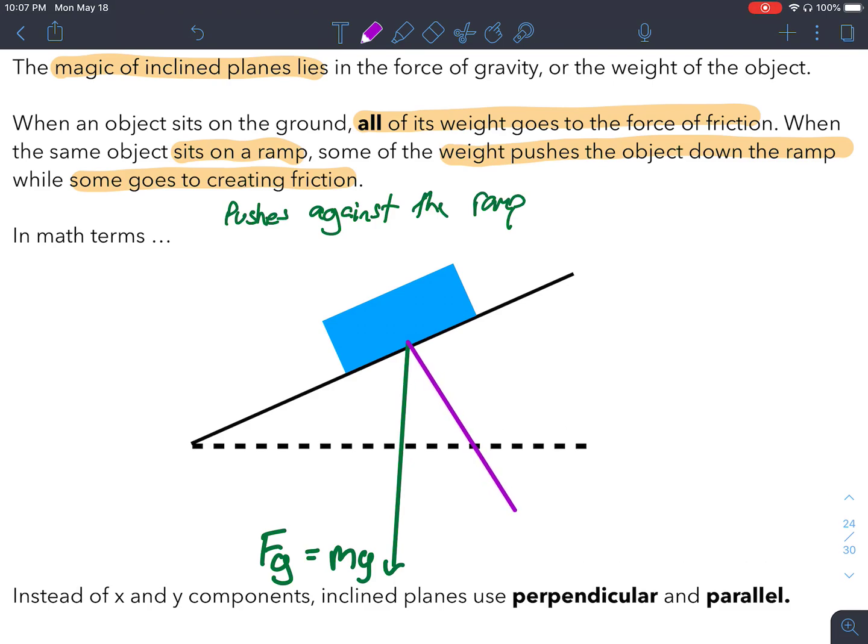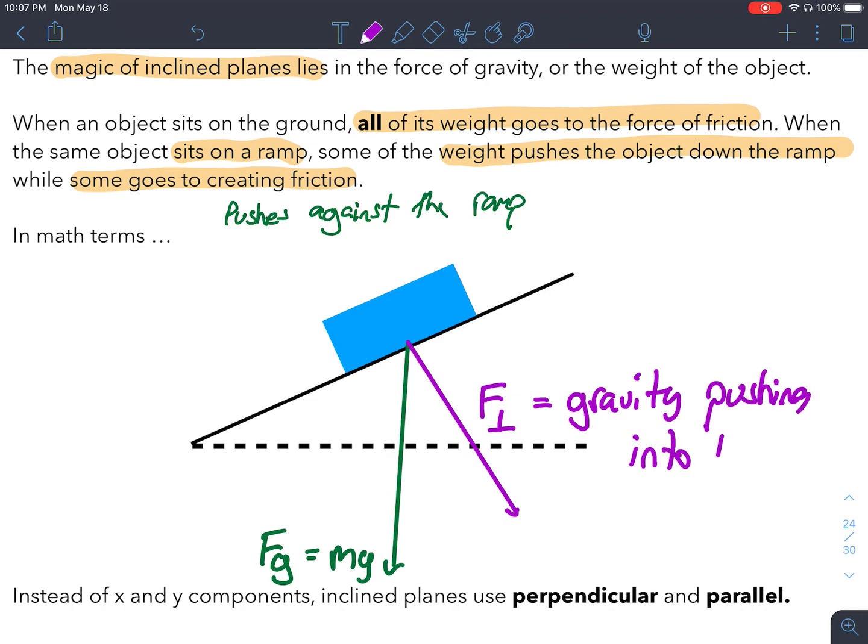So this purple arrow right here, I'm going to call F perpendicular. And this is the component of gravity pushing into the ramp, okay? Into the ramp. So that's gravity pushing into the ramp.